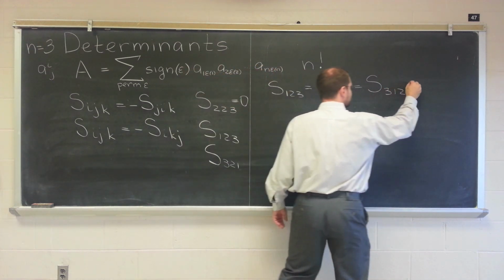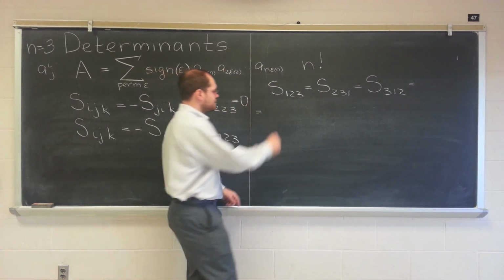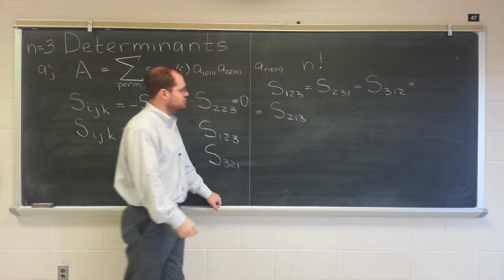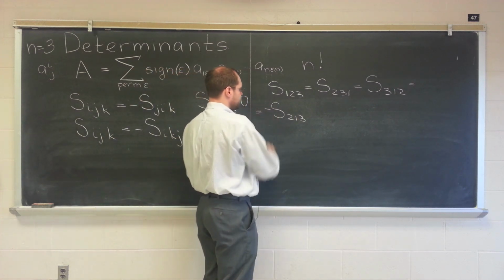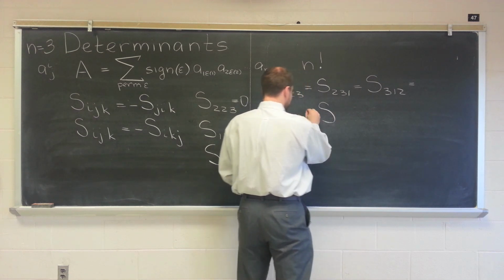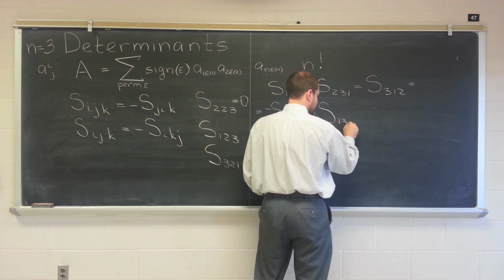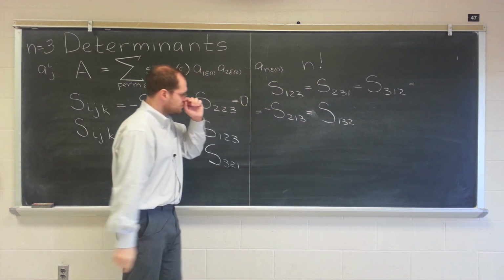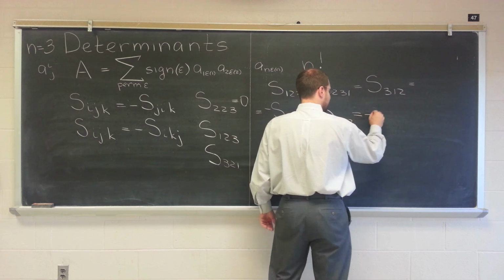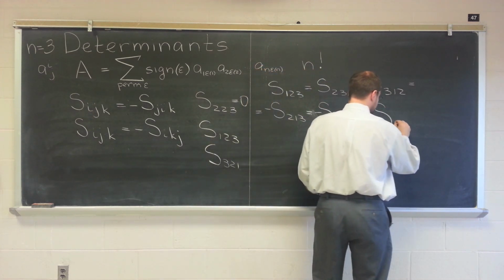And continuing, let's also write the ones that are negative of this. It's S213, clearly 1 switch away from being S123. We can cycle the indices, giving us 1, 3, 2, and then 3, 2, 1, and finally, not forgetting the minus sign, 3, 2, 1.